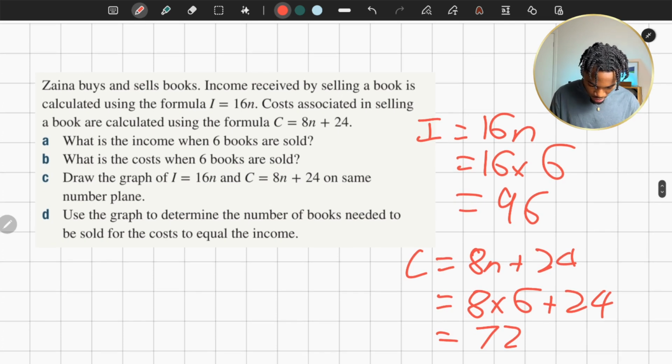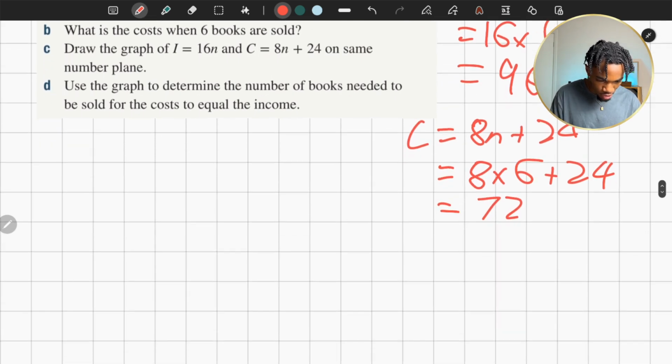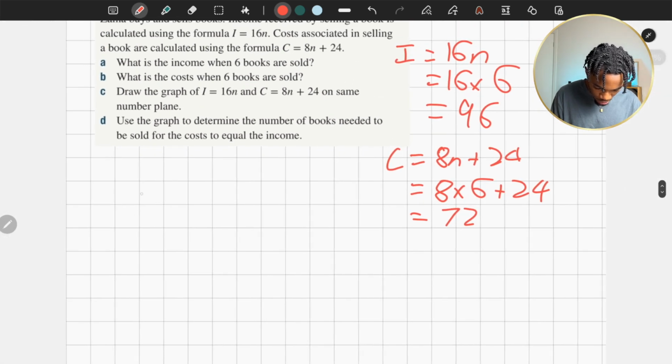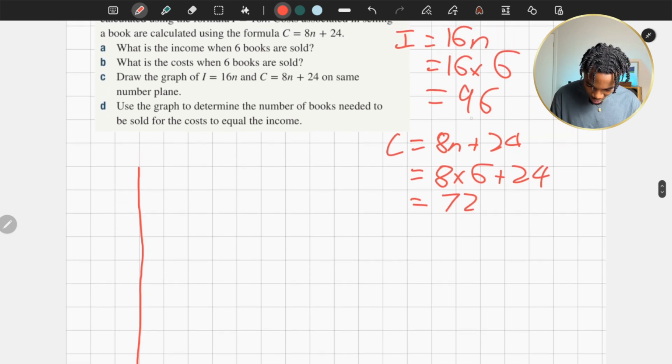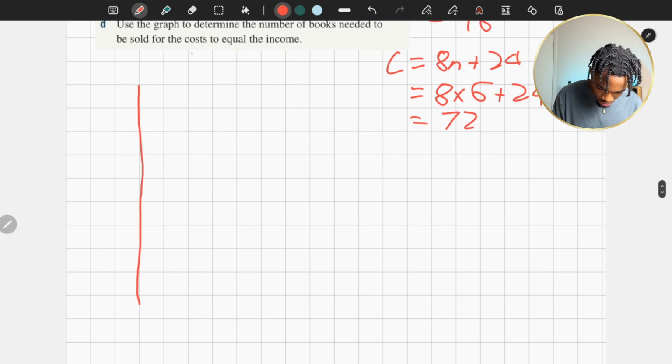All right, next one: draw the graph I equals 16n and C equals 8n plus 24 on the same number plane. So for this, let me draw a graph. This is 96, so let me just draw this up to 100.